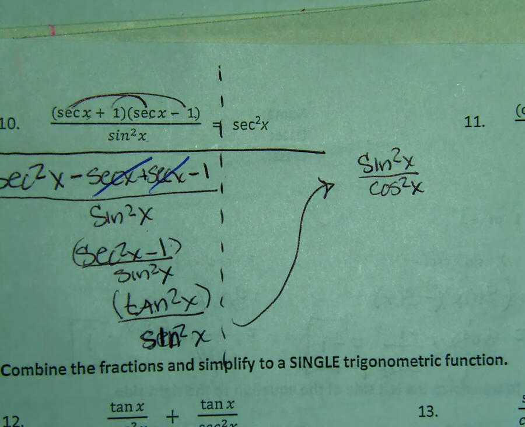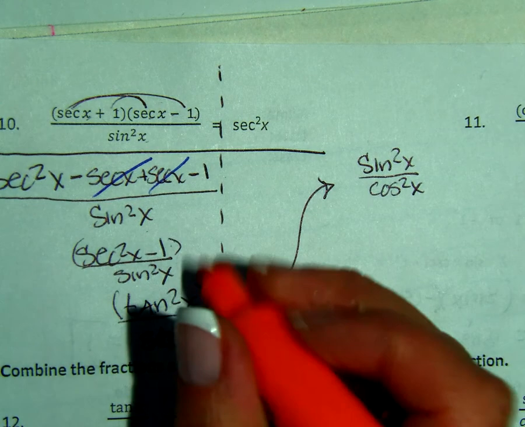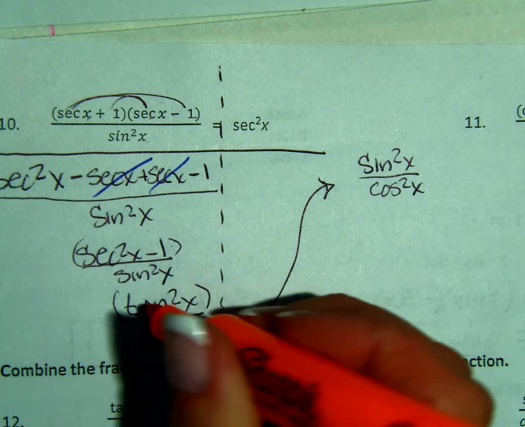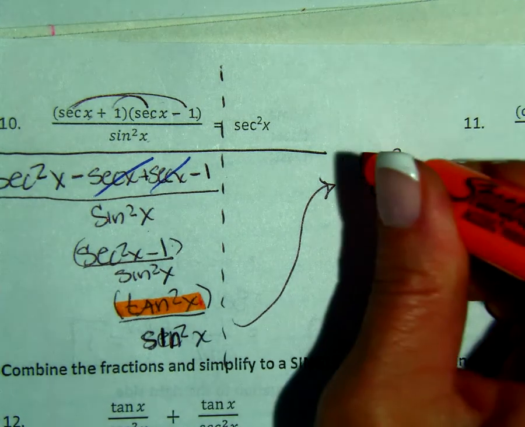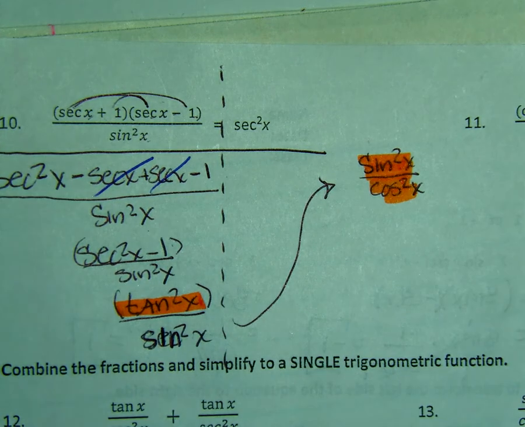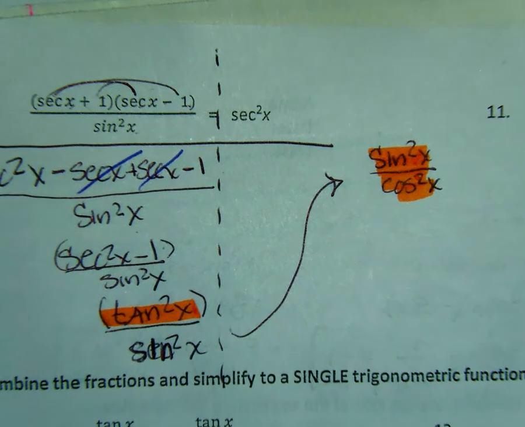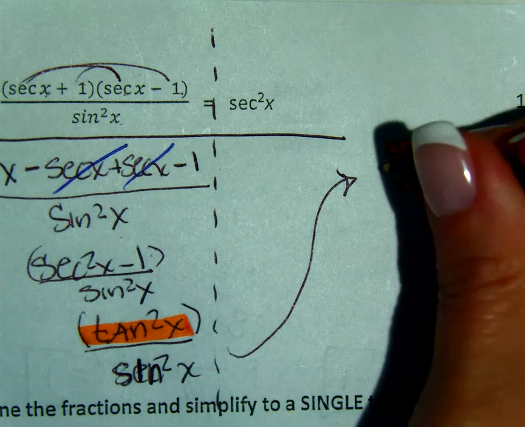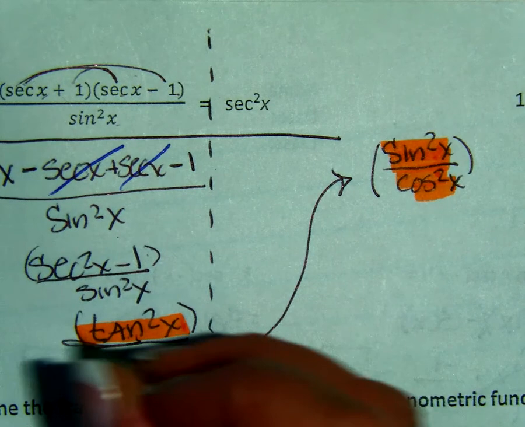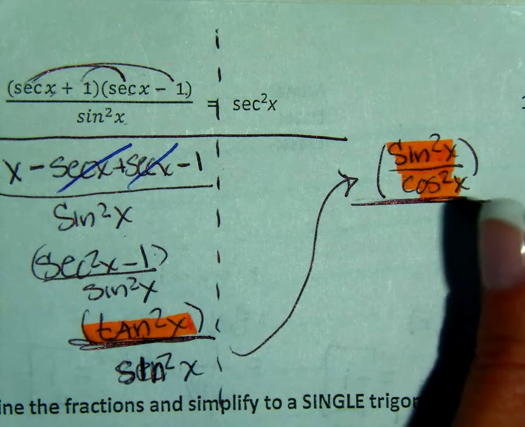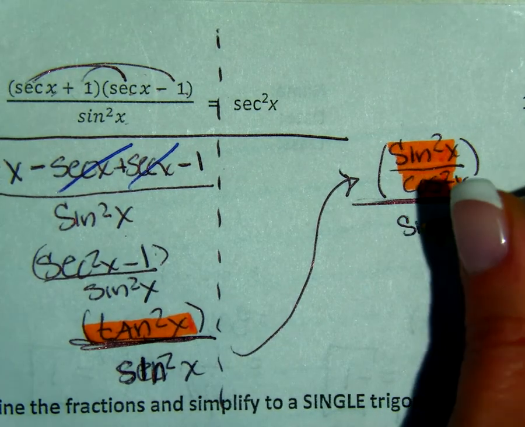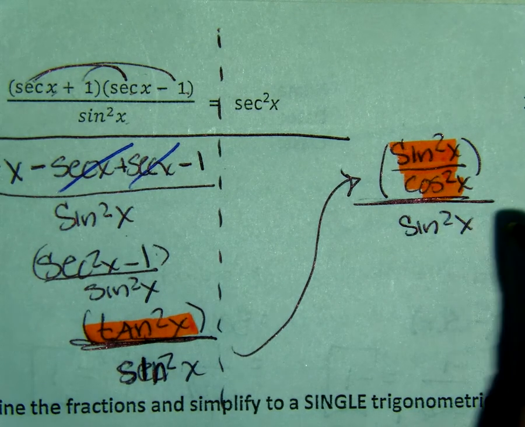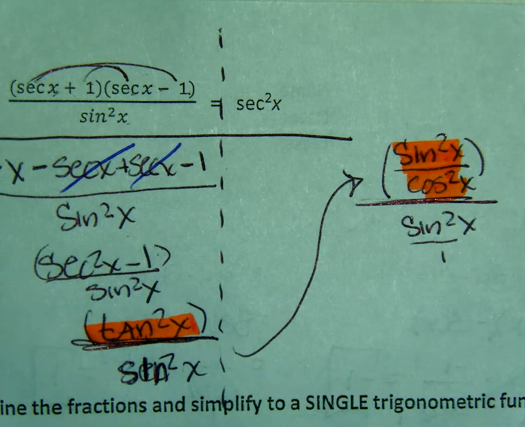So make no mistake, this sine squared I didn't work with yet, but that tangent squared was replaced with that fraction. Now we have division, so I'll put the division there, and then the sine squared. If you want, you can think of that as sine squared over 1.